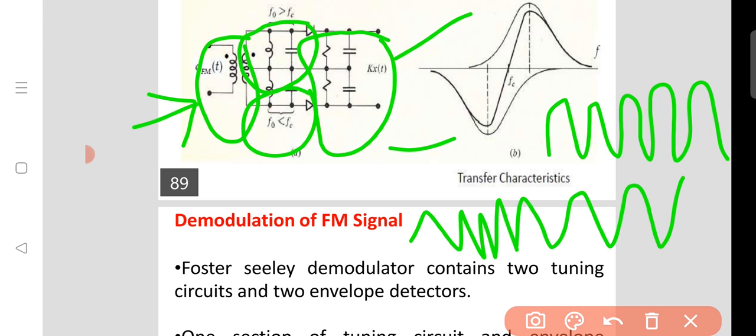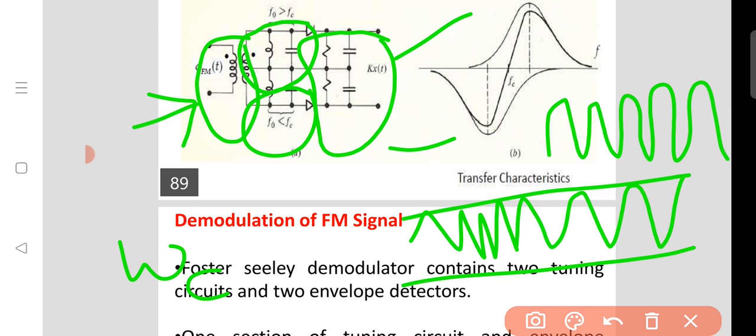What is the basic definition of the FM signal? It means the frequency change in the carrier with respect to the input voltage. So there is a frequency deviation, and this deviation may be positive or negative depending upon the input voltage. So the carrier frequency is omega c plus kf or minus kf, as we discussed in the previous class.